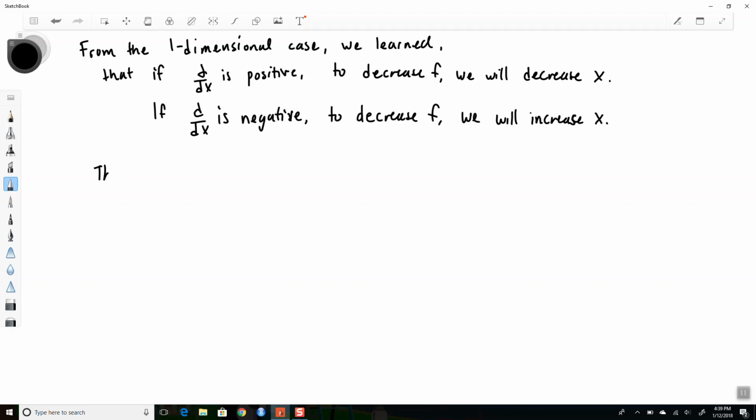So one way we can do this is we can just say the next value of x should be x0 minus f prime of x0 times some constant lambda, where lambda is a positive constant.